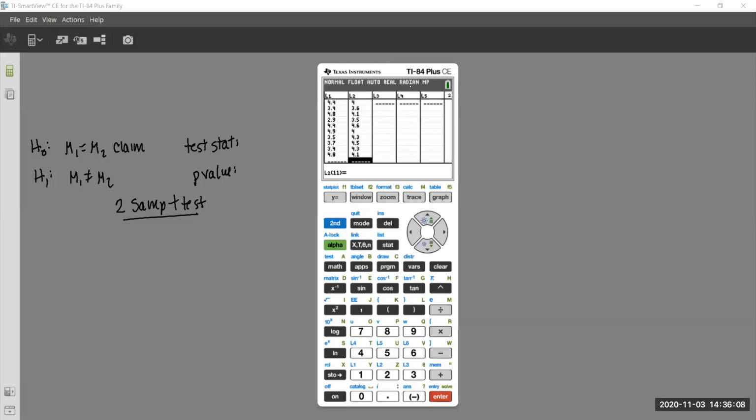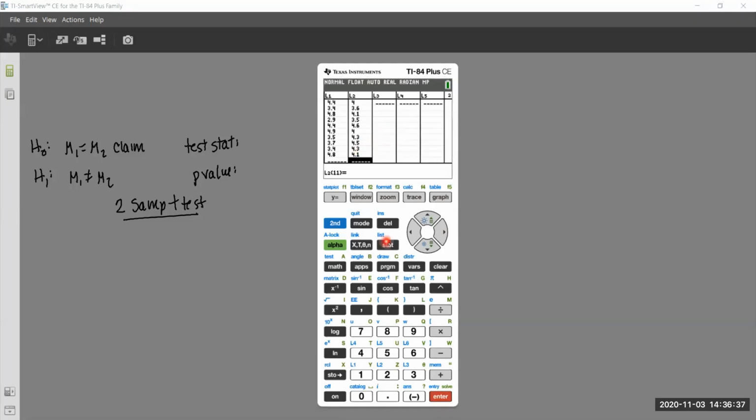So we have the female instructor data in list 1 and the male instructor data in list 2. In this example, they happen to have the same number in the sample, but it's not required. So if you have one sample that's bigger than the other sample, that's okay. It just coincidentally happened to be the same for this one. Because they're independent samples, the sample size does not need to be the same.